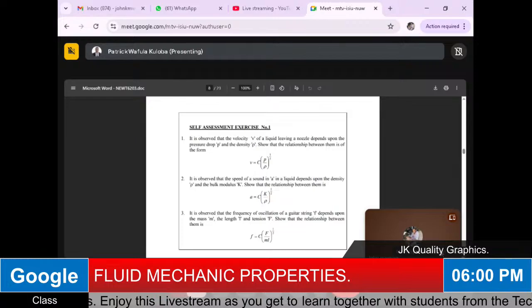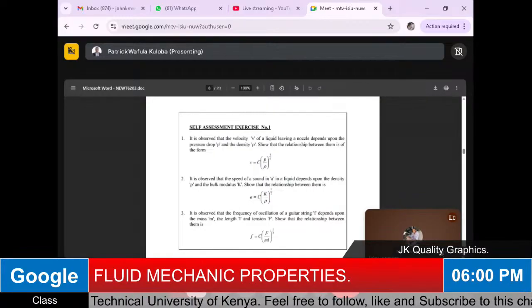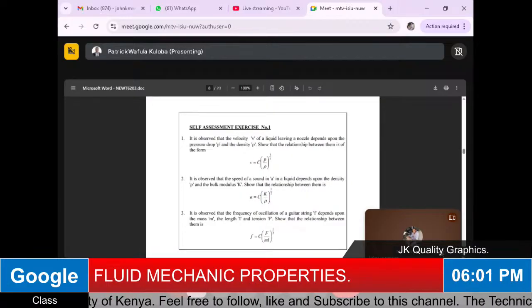And then get the MLT equations for the quantities. A is the speed of sound. Speed, of course, is length per unit time, so A will be L T raised to minus 1. For density, as you saw, is M L raised to minus 3.